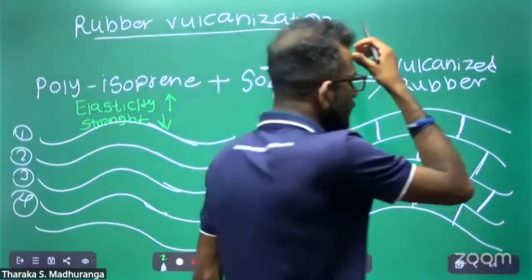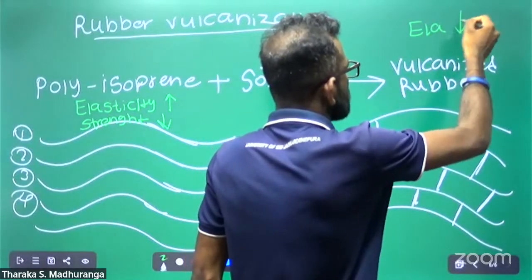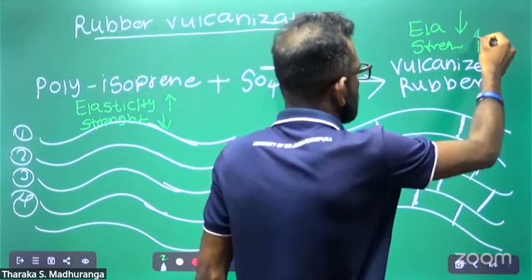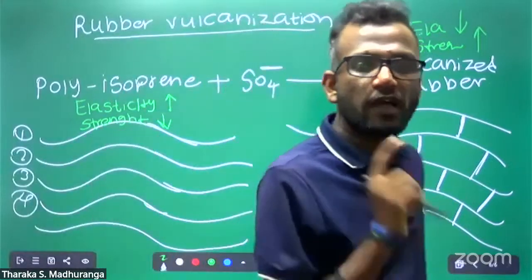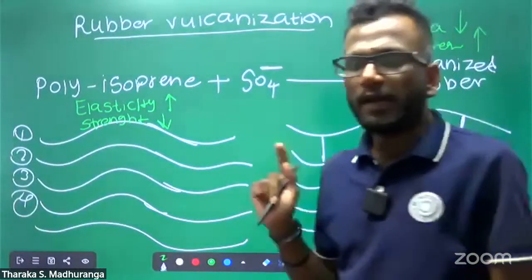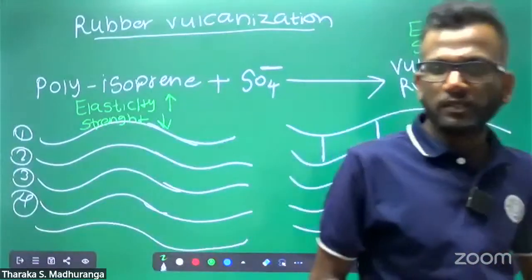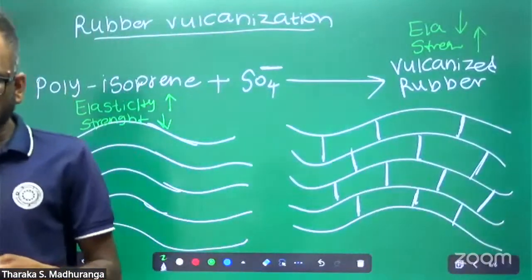But in vulcanized rubber, the elasticity is low and the strength is very high, because of this crosslink formation by sulfur. The crosslinks are made by sulfur between these polyisoprene chains. I have given it in the tute.